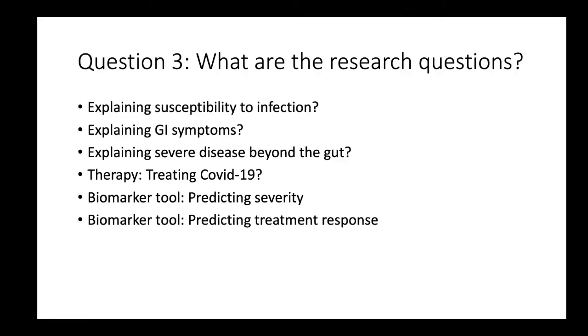For example, during the first wave of SARS infection in the early 2000s, patients who had fecal shedding of the virus had a more serious clinical course. So could this be partly due to the gut microbiota composition?